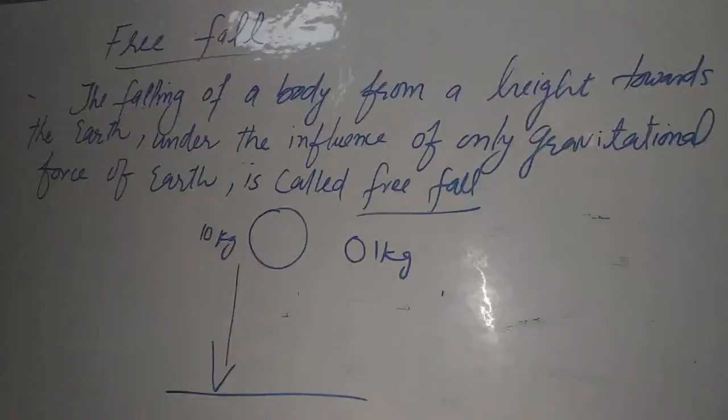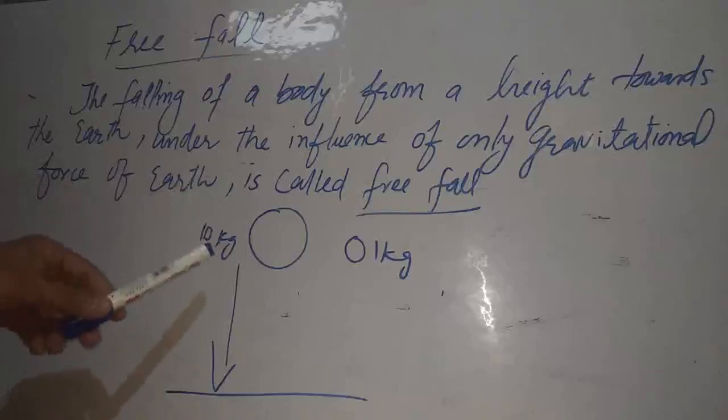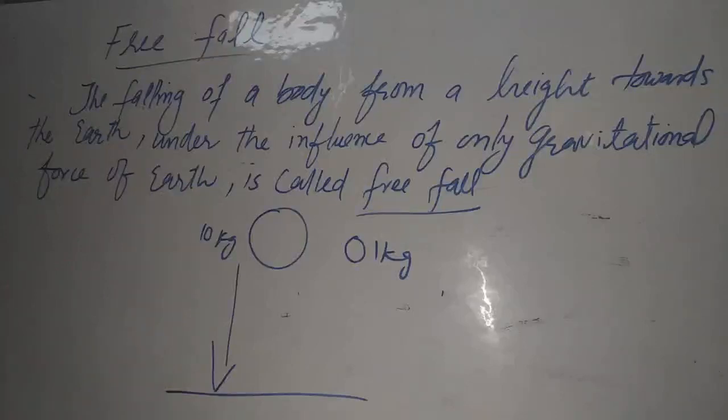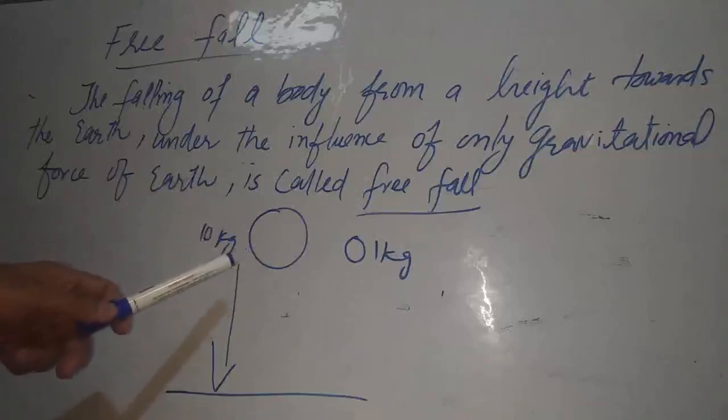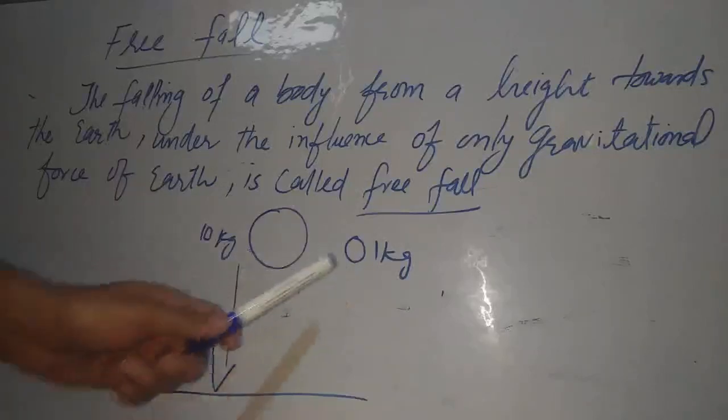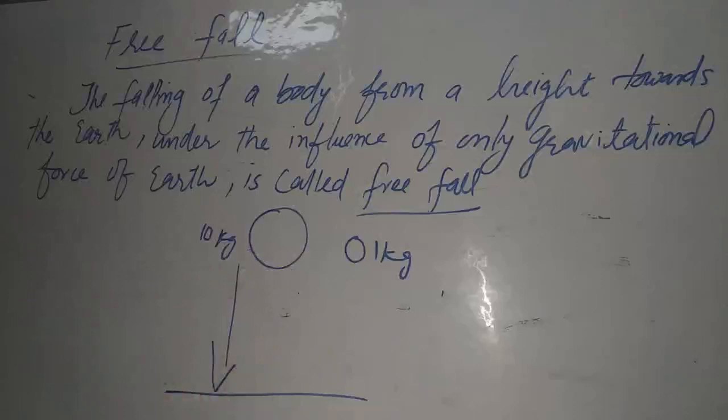And it was concluded that the acceleration with which these bodies fall towards the earth is independent of their masses. This means that all bodies, hollow or solid, big or small, fall at the same rate.